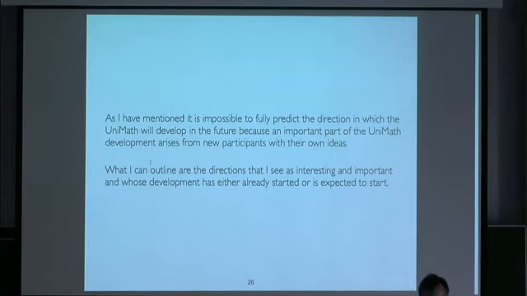I mentioned that it's impossible to fully predict the direction in which the UniMath will develop in the future, because an important part of the UniMath development arises from new participants with their own ideas. What I can outline are the directions that I see as interesting and important, and whose development has either already started or is expected to start.